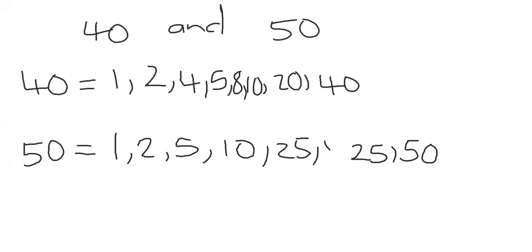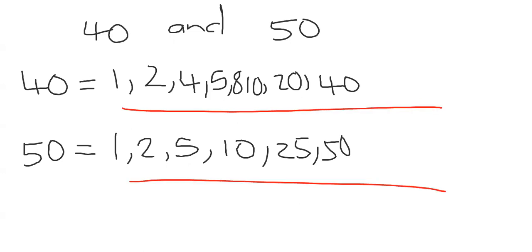So let me write this here and then let me erase this. Yes. So these are the factors of 40 and 50. Now you're going to look for the highest number that appears in the factors of 40 and also appears in the factors of 50.